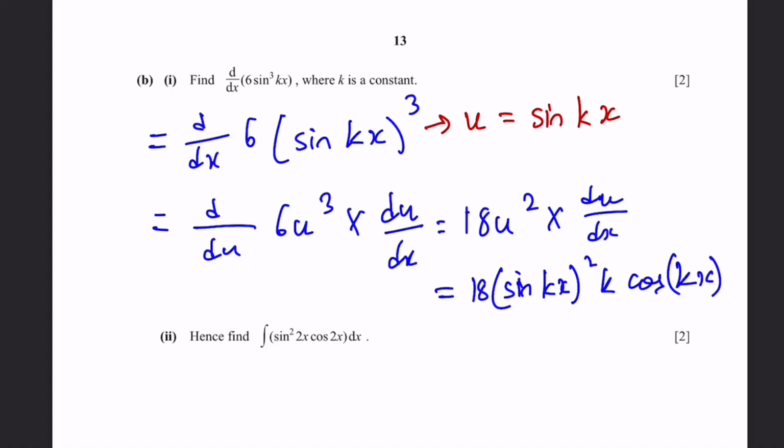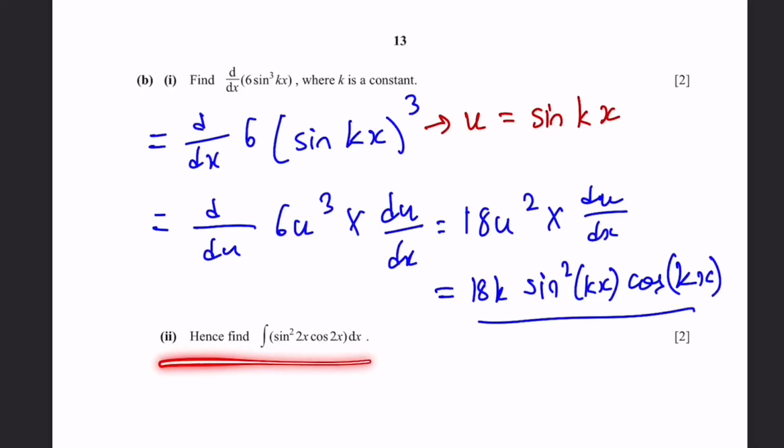And of course, this k we can just write in the front: 18k times sine of kx the whole squared times cosine of kx, and this will simply become 18k times sine squared of kx cosine kx. And this will be our final answer.